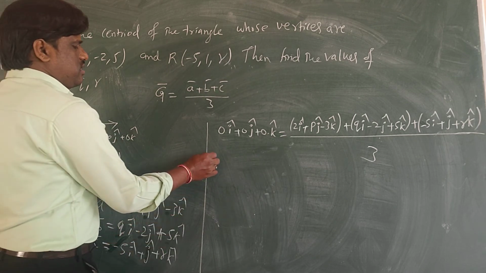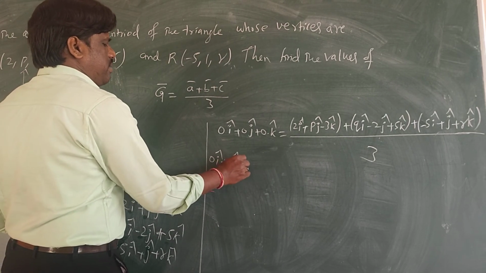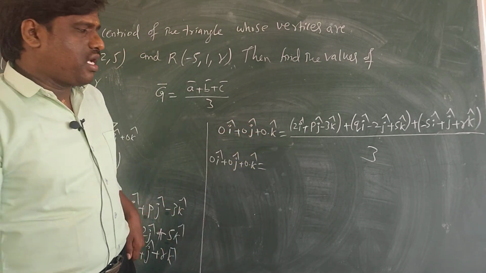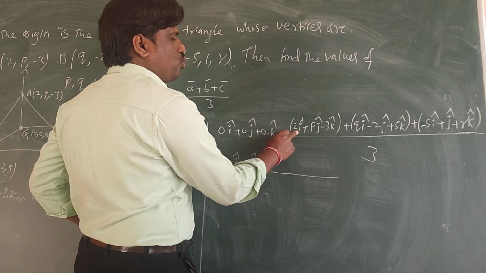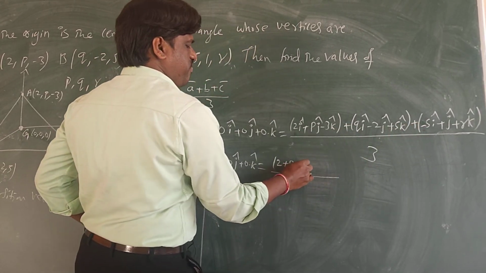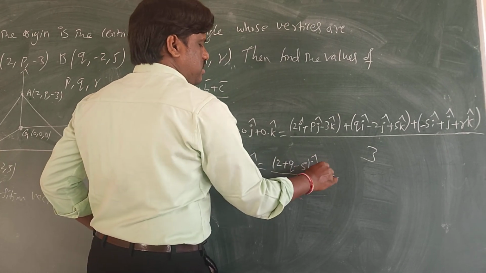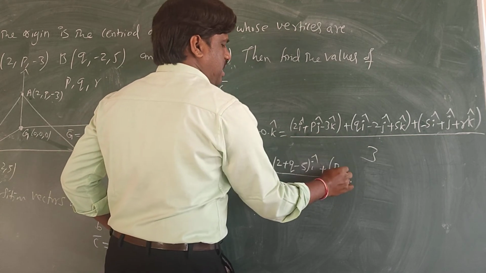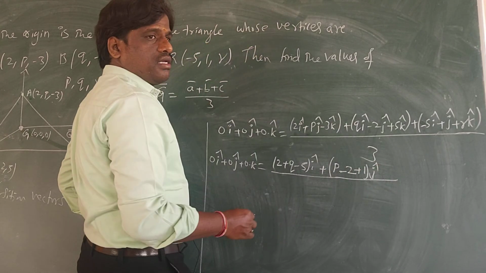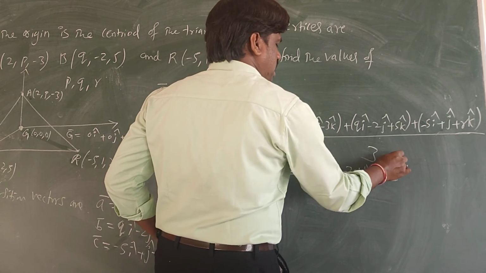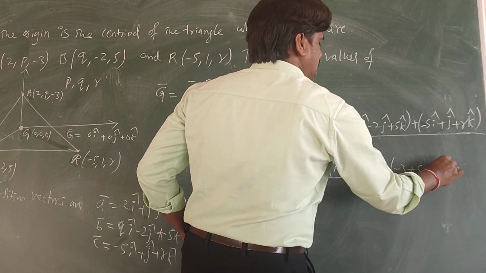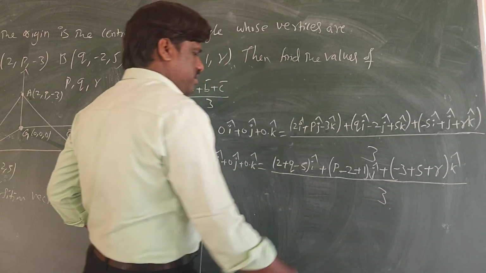Now see here, G is equal to A vector plus B vector plus C vector upon 3. So 0 into i cap plus 0 into j cap plus 0 into k cap is equal to the i components: 2 plus q minus 5 into i cap, plus p minus 2 plus 1 into j cap, plus minus 3 plus 5 plus r into k cap, divided by 3.